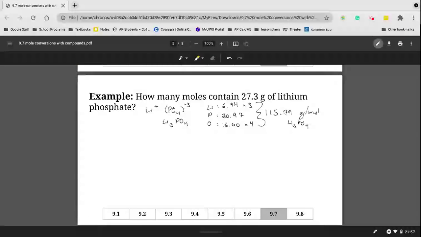And so they give us 27.3 grams to start with. Again, we're getting to moles.